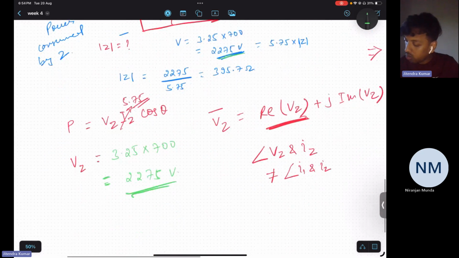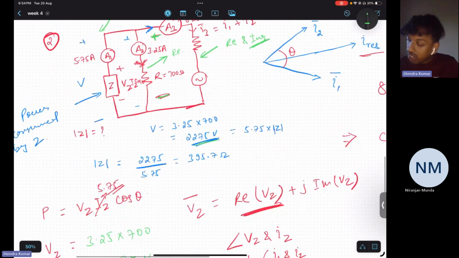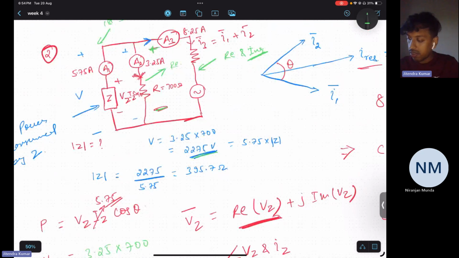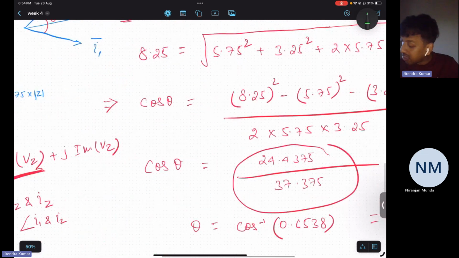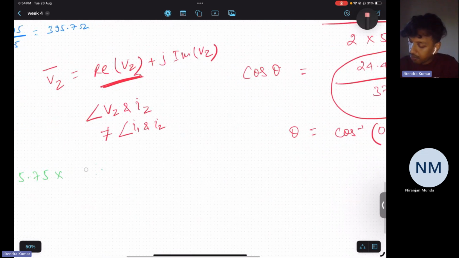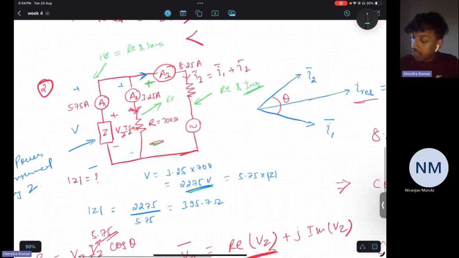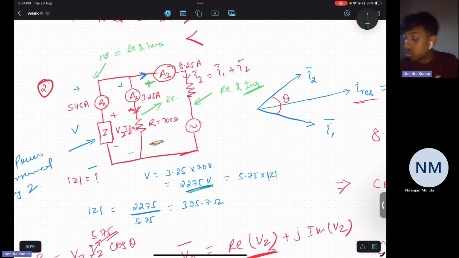So we can do power also: 2275 into 5.75 into cos theta. Why cos theta? And why will this theta be the same as this one into 0.6538? Let me explain it. Because this current component will have an imaginary angle with I3. So I3 is the resultant.